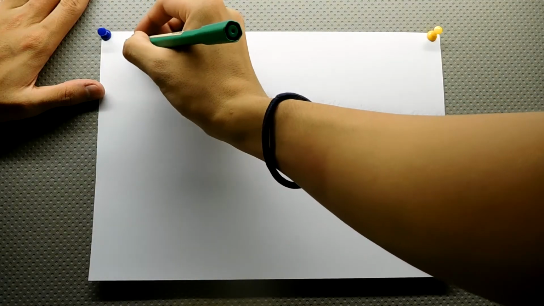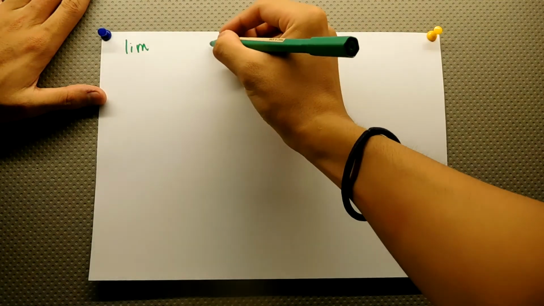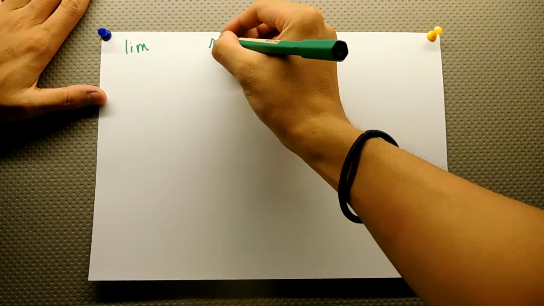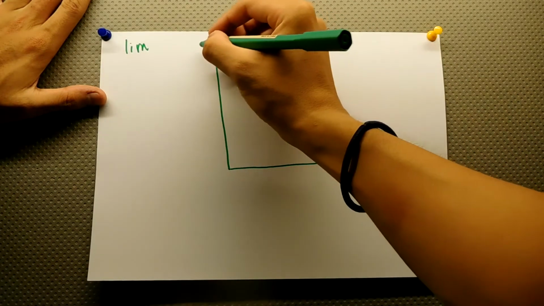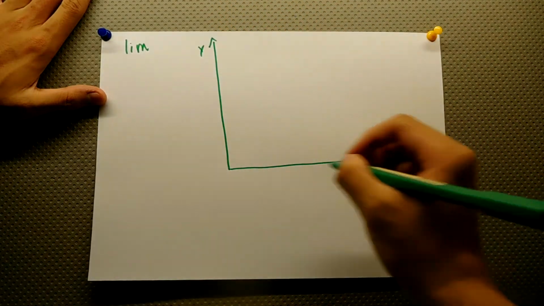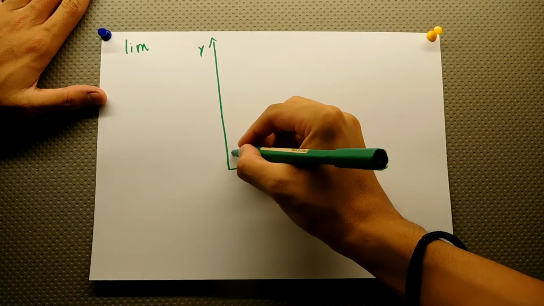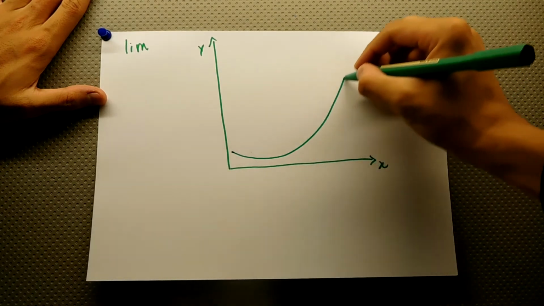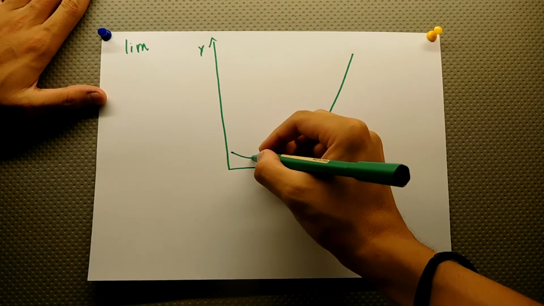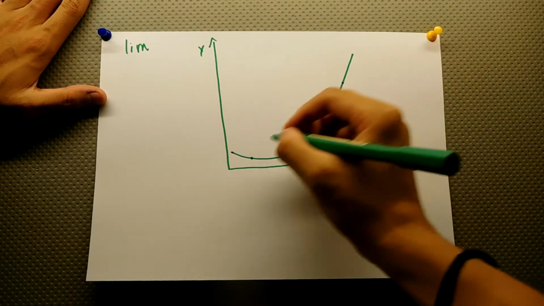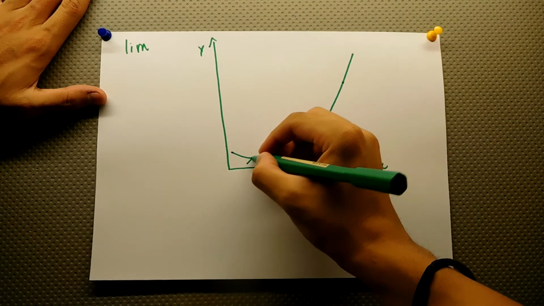Now that we understand the concept of limits, let's say we have this y-axis and the x-axis. We're just going to draw a random graph like this, and we're going to have a secant line that passes through 2 points of this curve.